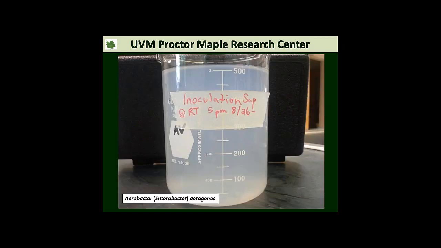This is what we inoculated it with, kind of ugly looking stuff. This is an end of season, really milky looking sap. This particular organism is Aerobacter aerogenes, which is the stuff that makes stringy syrup. This ropey, stringy, yucky, bad stuff.